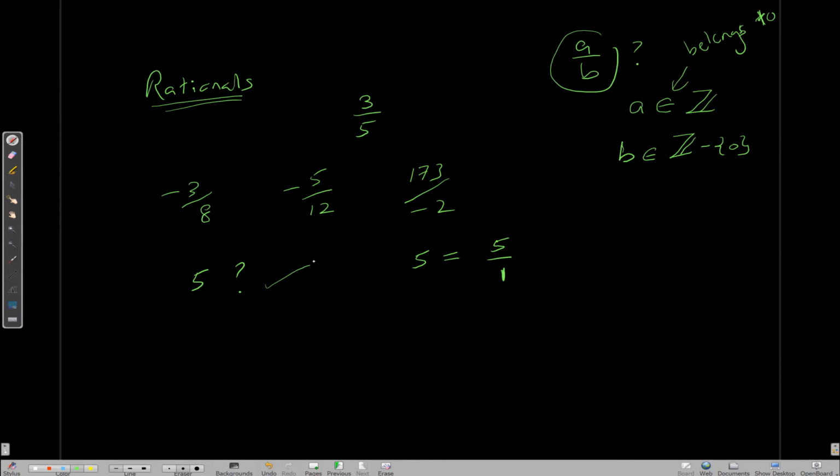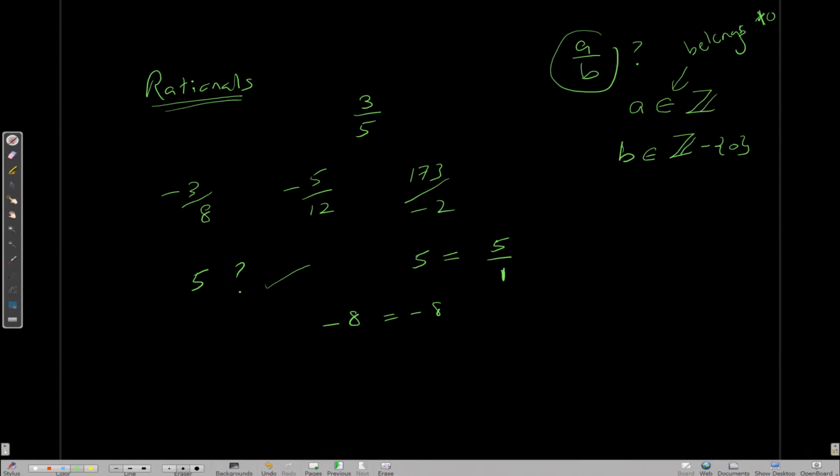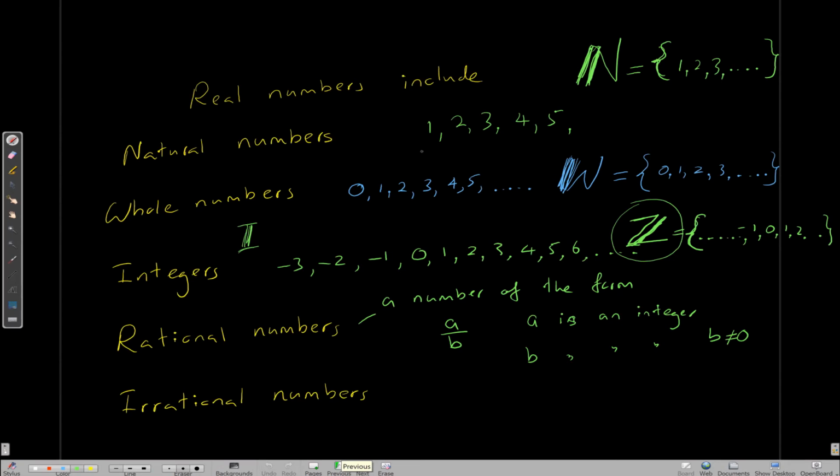So every integer, negative 8 over 1, right? Every integer is a rational number. That means rational numbers is a much bigger set. It includes every integer.